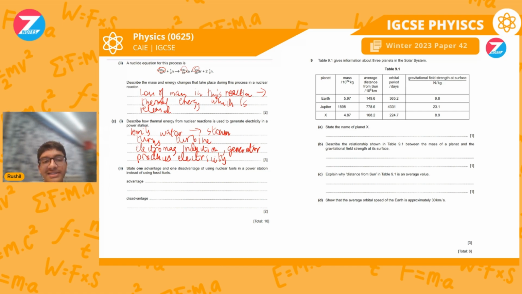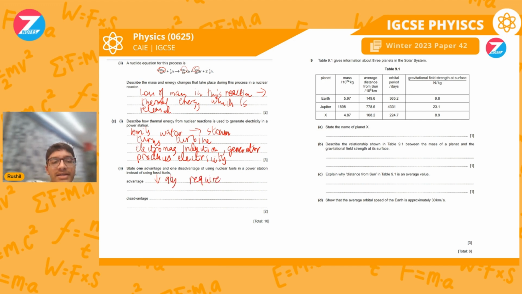State one advantage and one disadvantage of using nuclear fuels in power stations instead of using fossil fuels. So one advantage is that we need much less of a quantity of nuclear fuel than we need for fossil fuels to produce the same amount of energy. We say that the fuel density is much higher for nuclear fuels. So less quantity required.